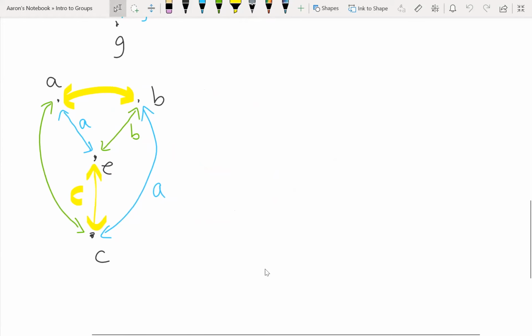So in fact, what we're going to do is, what happens if we translate the Cayley graph by some element, let's pick A?